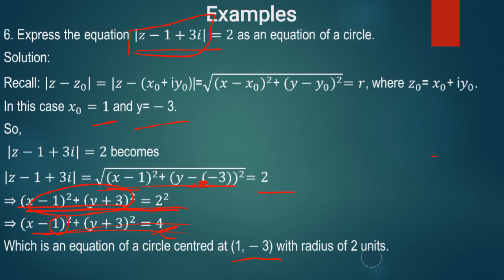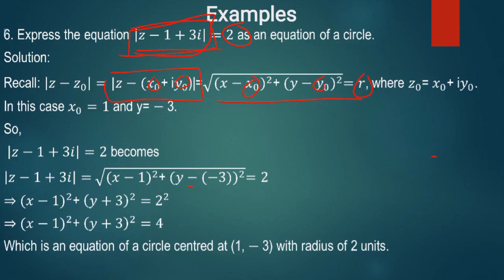Let me take it all over again. Like I said before, you compare this part and this part of the equation to get x naught and y naught. When you get x naught and y naught, you plug them in. You know your r, it's given in the equation here, it is 2.